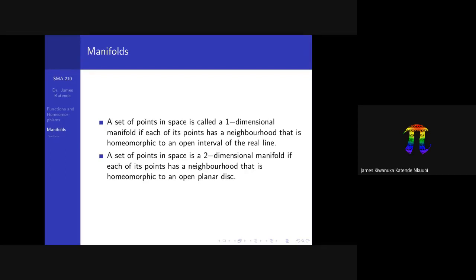So we do some definitions here. We define first a one-dimensional manifold. A set of points is a one-dimensional manifold if every one of its points has a neighborhood that is homeomorphic to an open interval of the real number line.